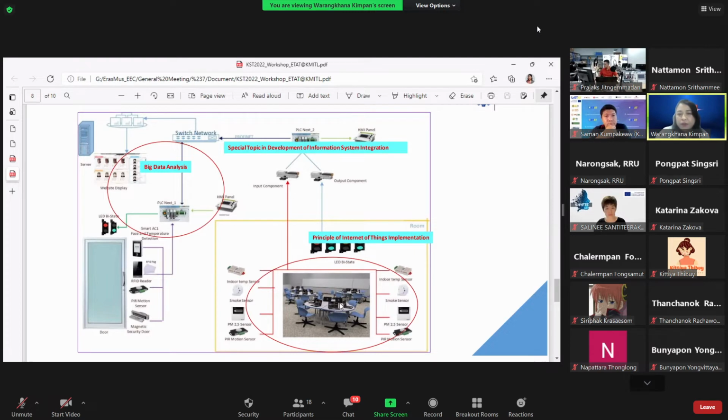We can also integrate those IoT devices to teach the students in the Principles of Internet of Things Implementation course. And also we can use them to teach how to transfer data, how to predict the data, and in the special topic in development of information system integration.